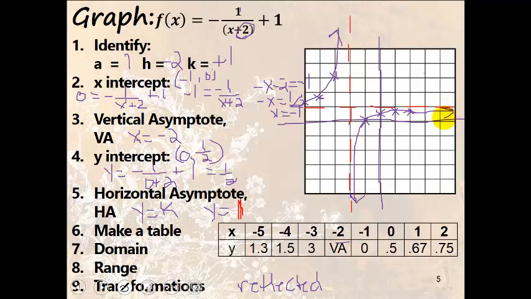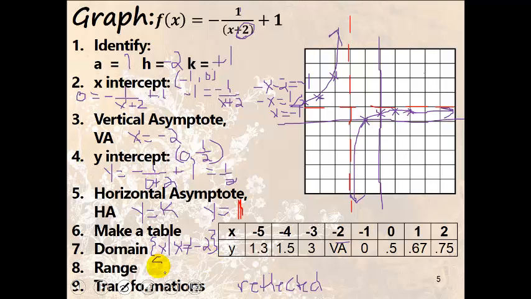So it's real important that you get a general feel for the two branches, how they move. Okay, so my domain is all x's such that x cannot equal my asymptote, which is negative 2.